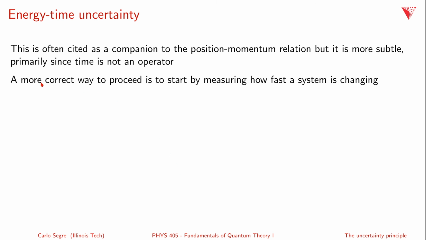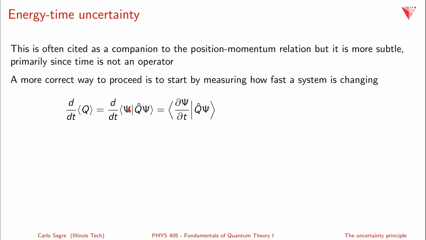So a better way of looking at this is to start by measuring how fast the system changes. So if you look at the time rate of change of the expectation value of an operator Q, an observable Q, that's equal to the time rate of change of the inner product of psi with Q psi. Okay, that's just the expectation value of Q.